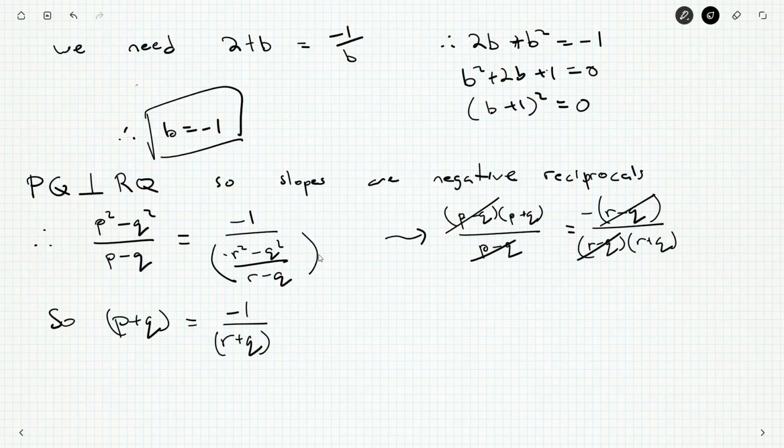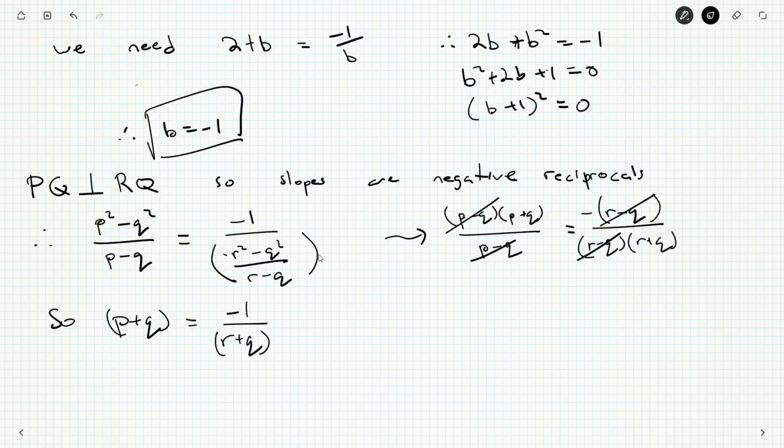So, could I solve for R in terms of Q, or maybe solve for Q in terms of R and P, and then show that P plus R has got to be equal to negative 2Q, and then that would show the relationship, wouldn't it?